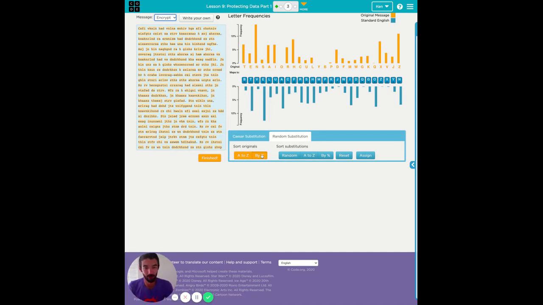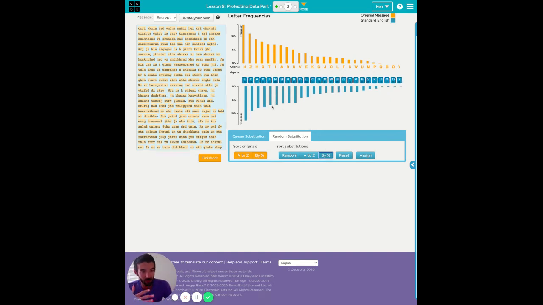So the first thing to do, like I said, is sorting these in a way that makes sense to you. A to Z might be helpful with the original letters that we see, or we can go by percentages, which might be helpful too. I find it helpful to go by percentages just so I get a sense of what might match up to something else.